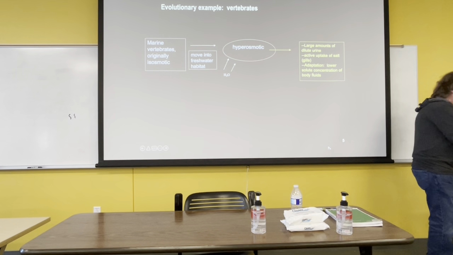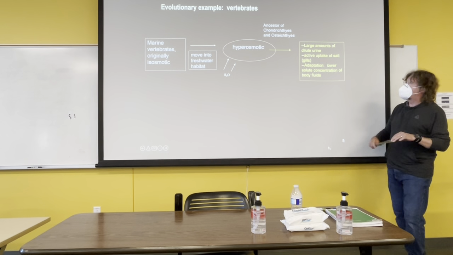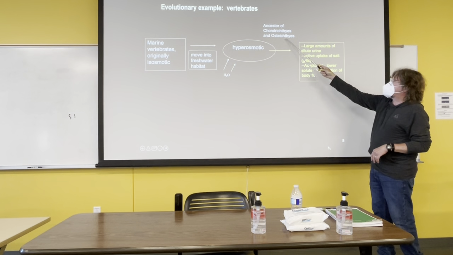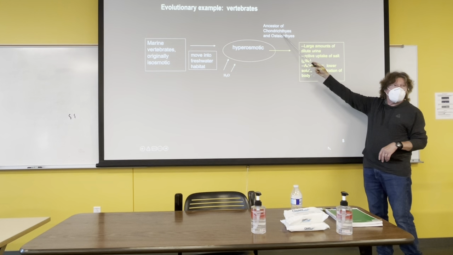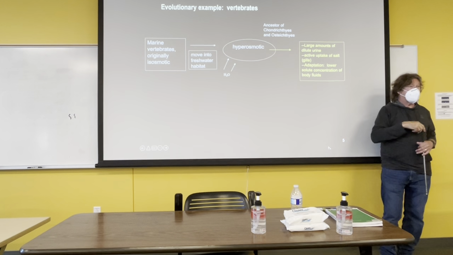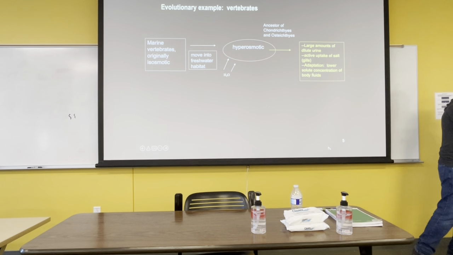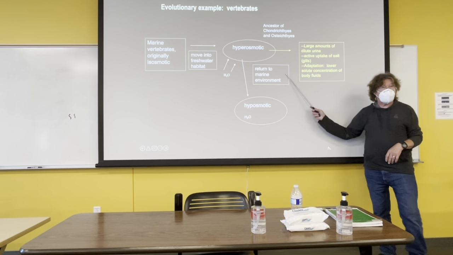Now, these are the ancestors of Chondrichthyes and Osteichthyes. We also believe that's true of sharks and cartilaginous fish, that they evolved in fresh water and then returned to the marine habitat.